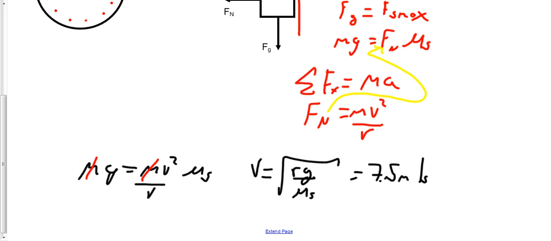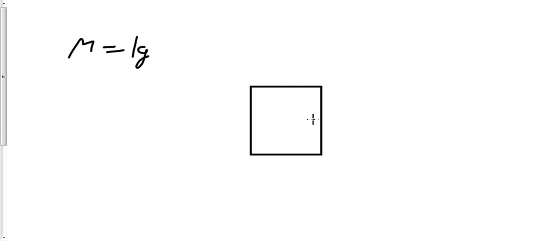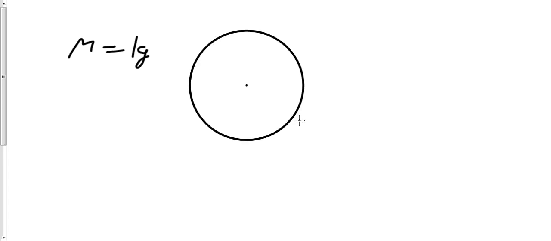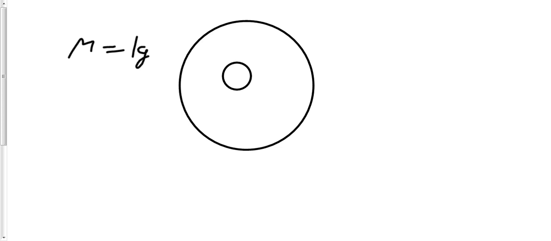Let's assume we have a 1 gram piece added right on the edge of the CD. Square, CDs are circles, but a 1 gram piece that's added to it. So right around here, let's say I have a 1 gram, I don't know, dirt particle. What sort of force would it experience while the CD is up to speed?